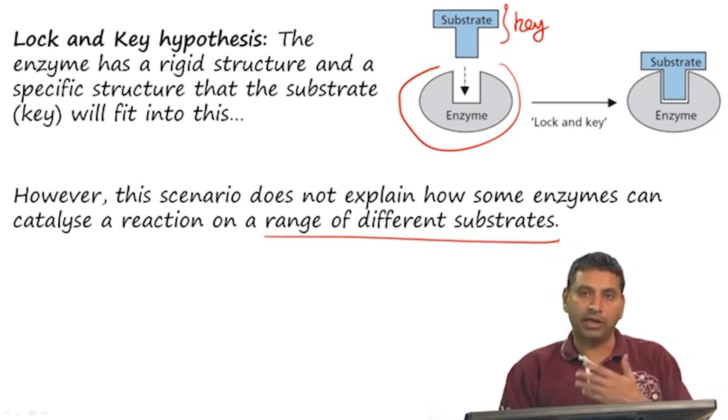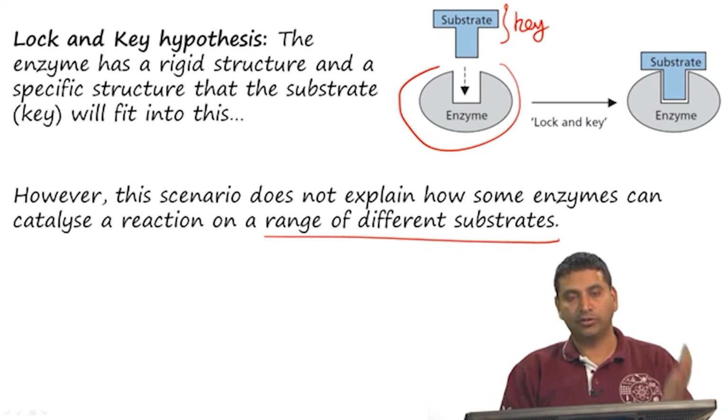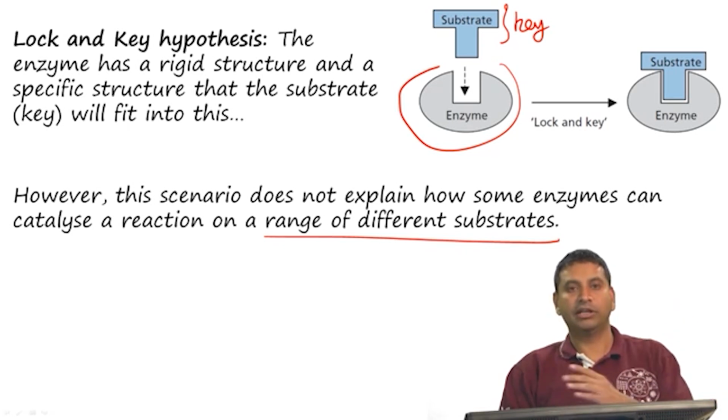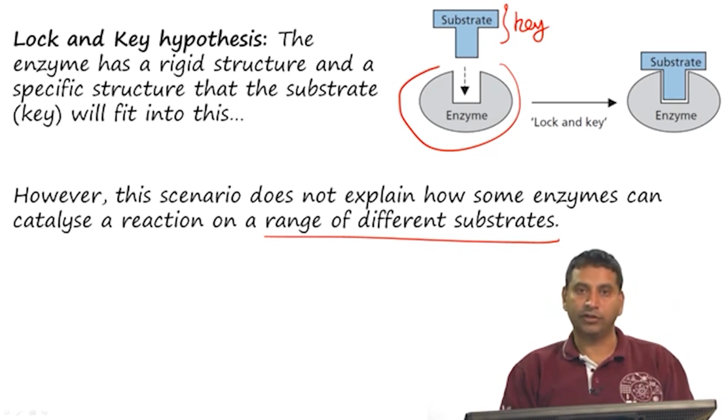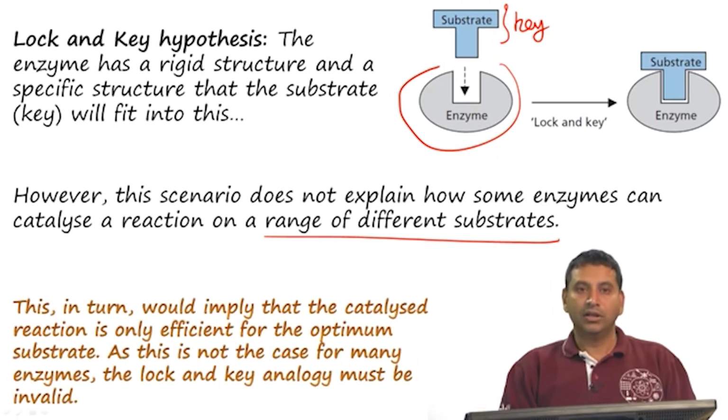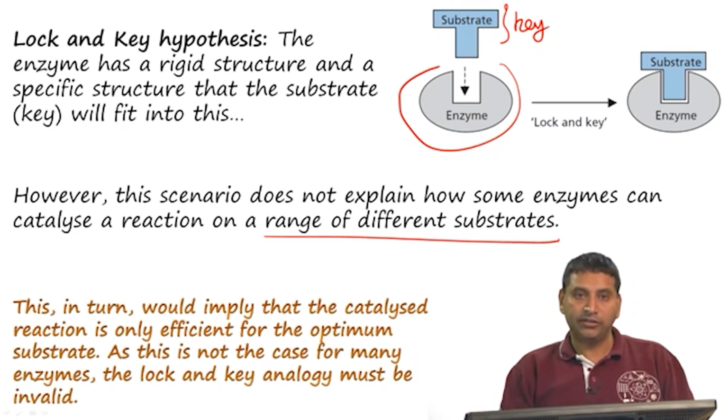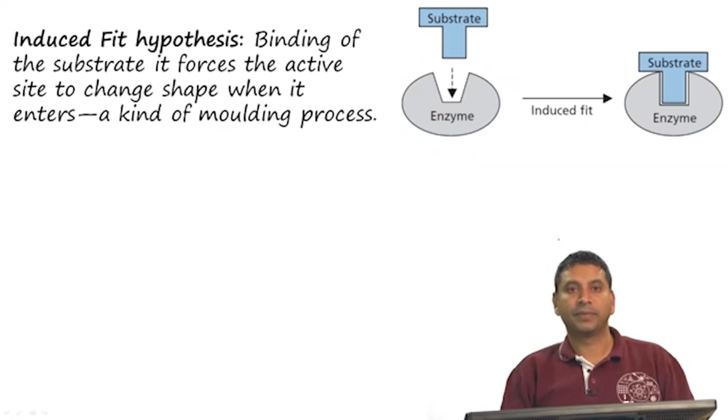Some enzymes bind and react with a number of substrates, and so this lock and key hypothesis, while it is useful, does not explain all the functions of an enzyme. Because this in turn would imply that the catalyzed reaction is only efficient for the optimum substrate. As this is not the case for many enzymes, the lock and key hypothesis must be invalid.